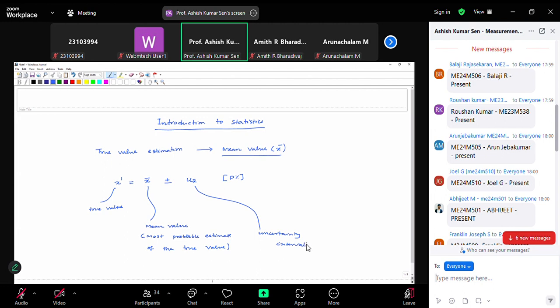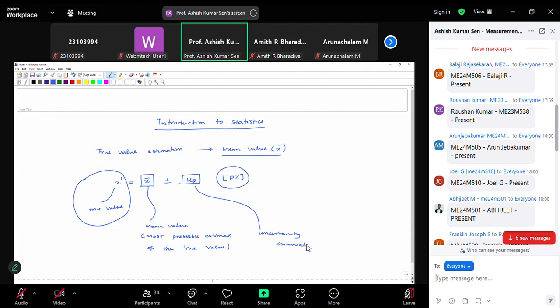So what does it mean? It means that we cannot really find out the true value. All we can do is estimate a true value. So we take a sample and we find the mean value, and we find the uncertainty interval, which is the standard deviation of the data in the sample.